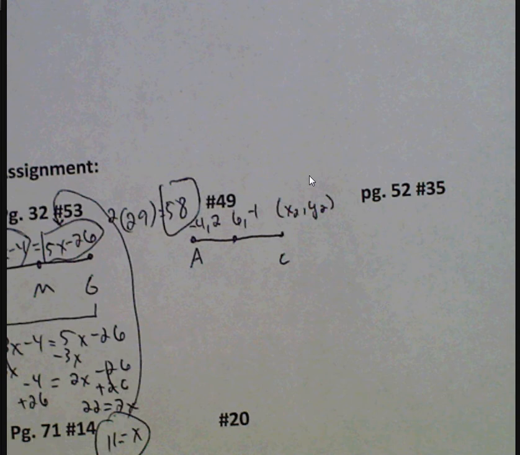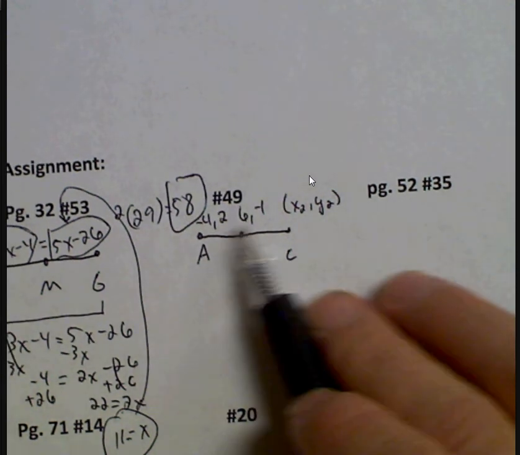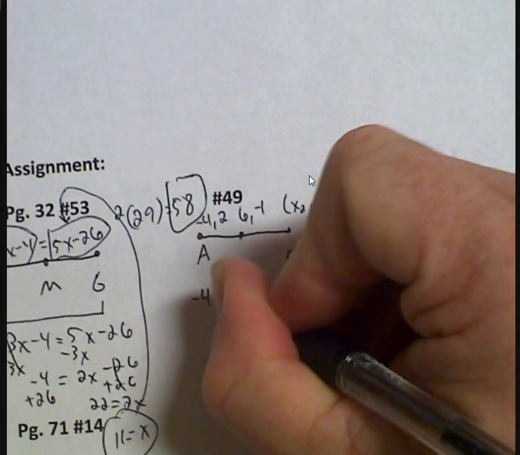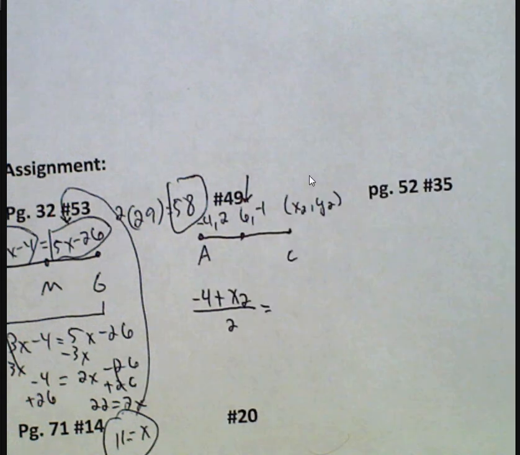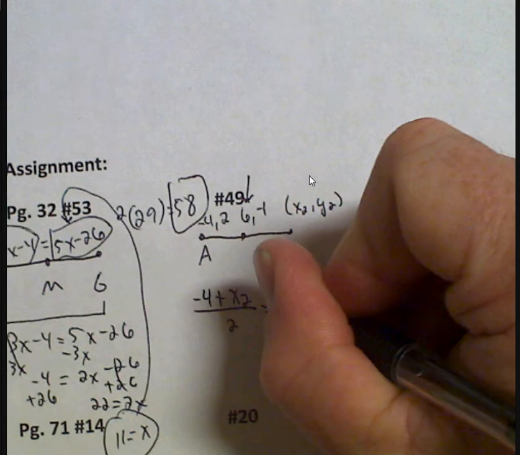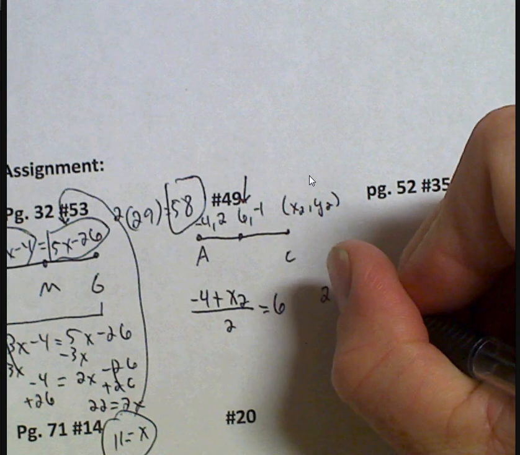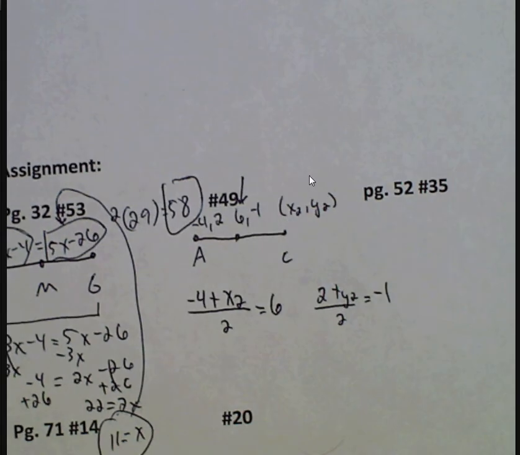I don't know what C is, but I do know that my formula is x1, which is negative 4, plus x2, divided by 2 has to equal my x value for the midpoint, which is 6. I know my y value is going to be 2 plus y2, divided by 2, has to equal negative 1. That's how I'm going to be able to find the endpoint.